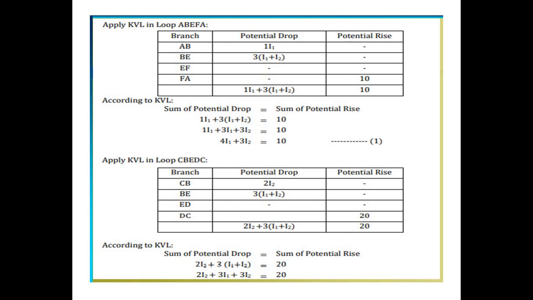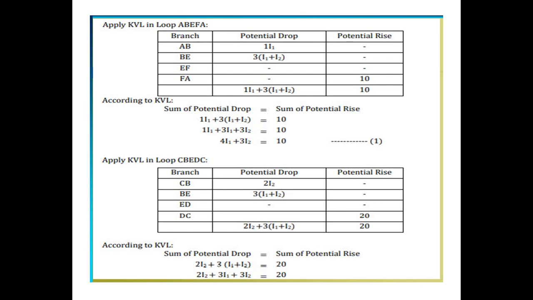Next, applying Kirchhoff's voltage law to the other loop, C B, then 2 I2, and then 3 (I1 plus I2), and minus 20 volt. The sum of potential rise is equal to the sum of potential drop.